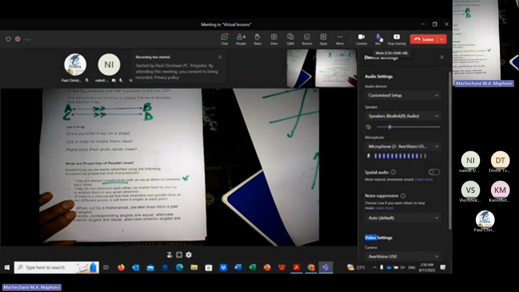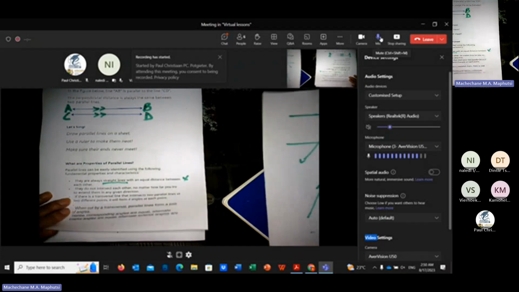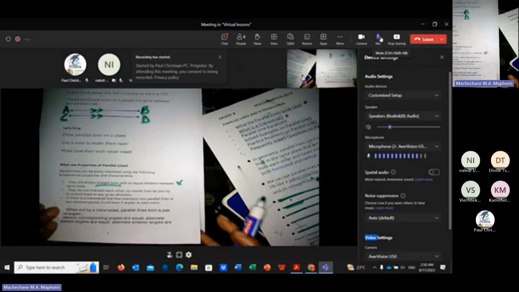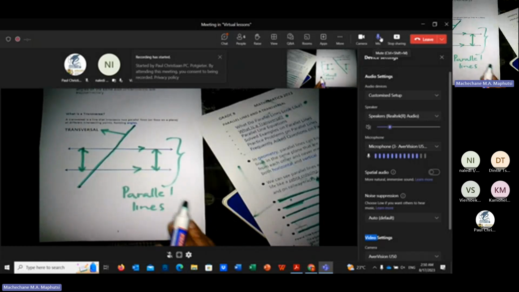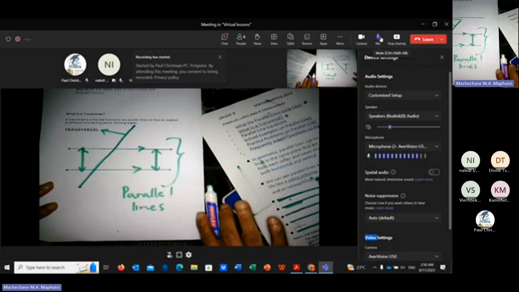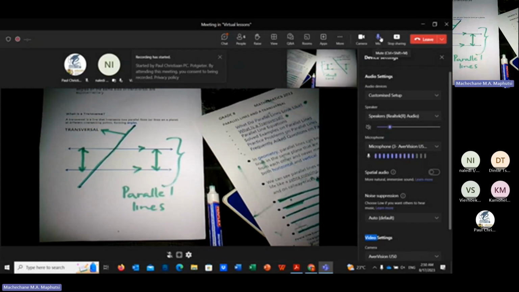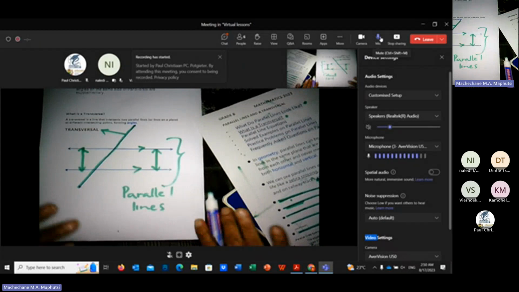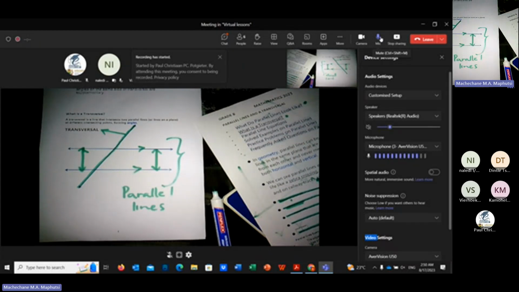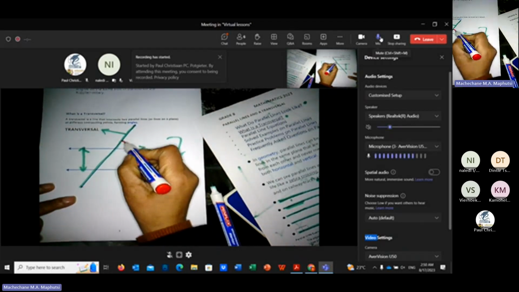And if there is a transversal, let's see what's going to happen. So now we have a transversal. Can you see where the transversal cuts the parallel lines? What do you see? It means there is an angle there.